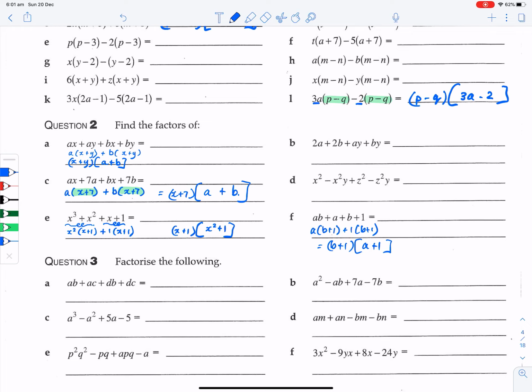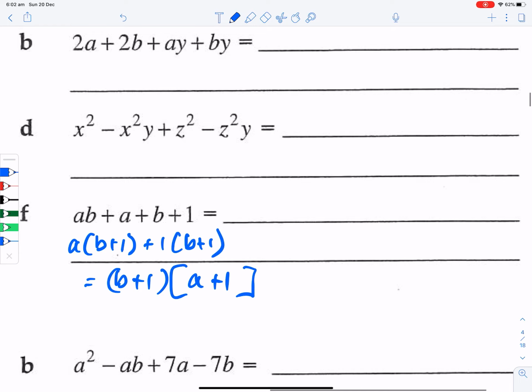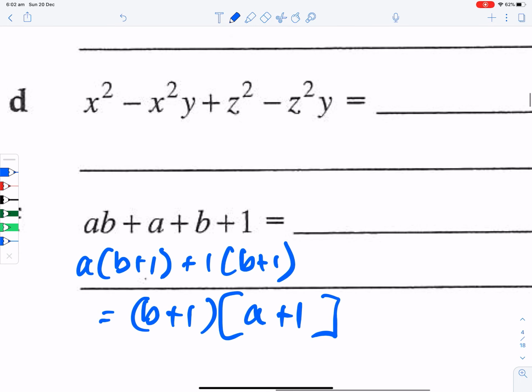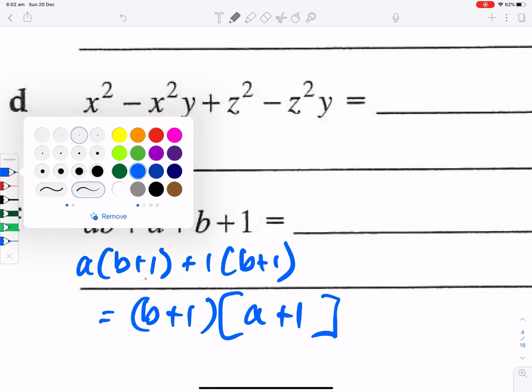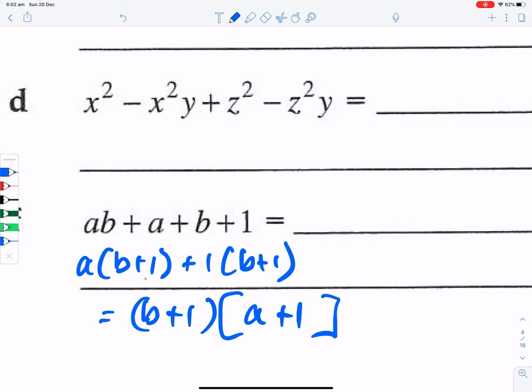I'll also do question 2D, because in question 2D there's quite a few negatives. I just want to make sure you don't make any mistakes here. So we can see now that from the first two terms, from these two terms here, x squared is a common factor. So let's take out x squared, and we're left with 1 minus y.